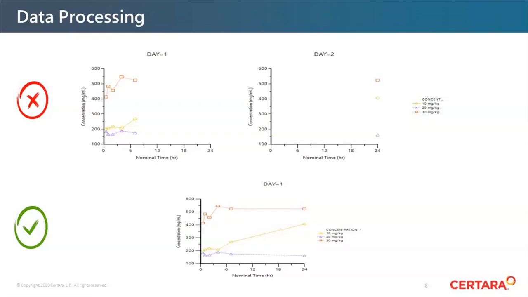As we can see in the graph here, if we leave the 24-hour time point in day 2, we cannot produce the graph correctly. Therefore, we cannot have all our time points. That being said, day 2 is a valid day. It's an actual sampling day.